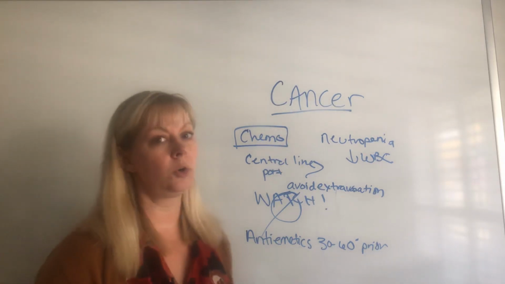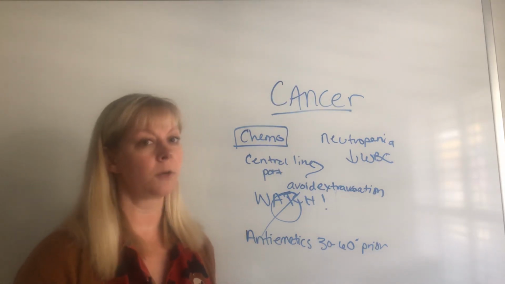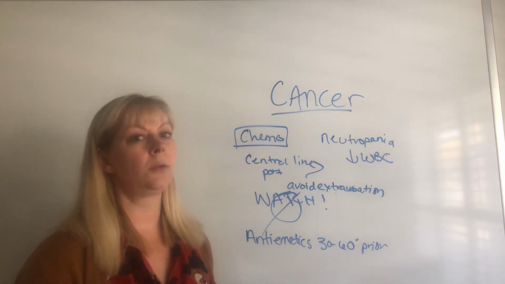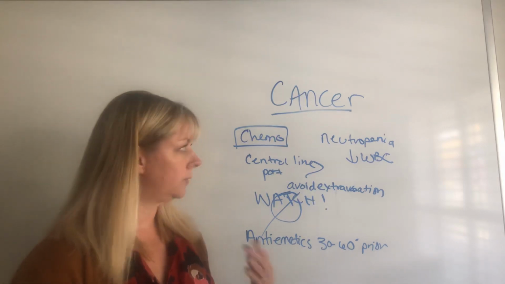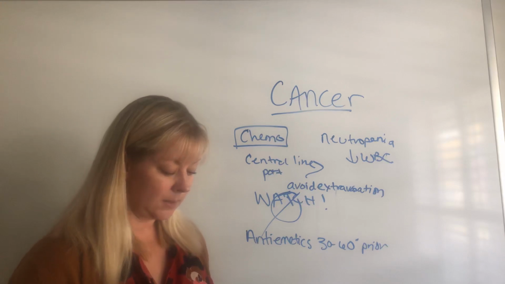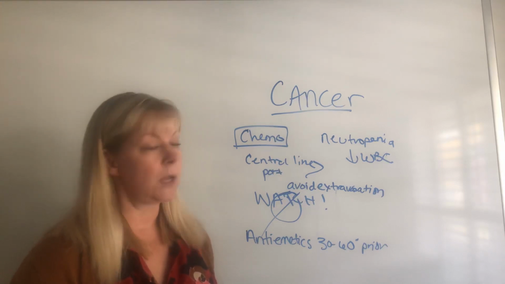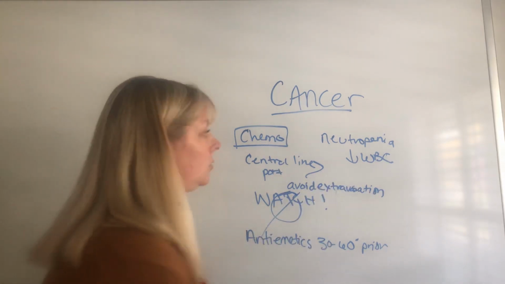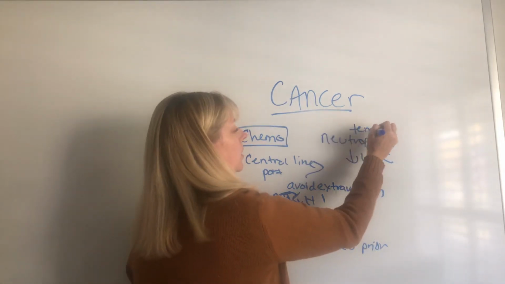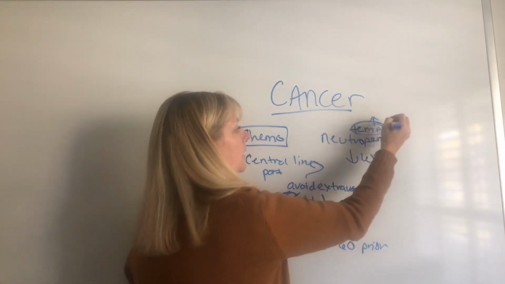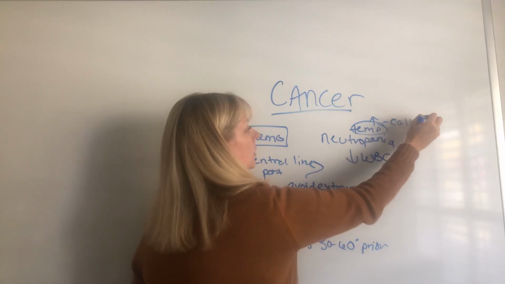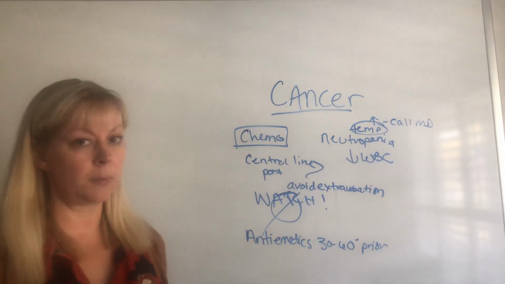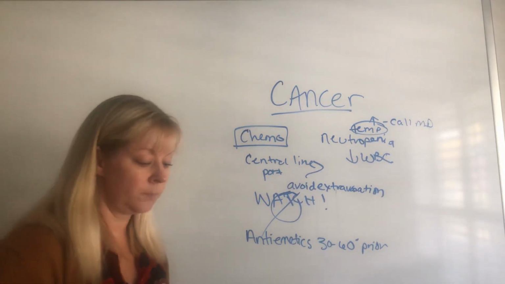So you want to make sure you stay away from fresh flowers, anything that can cause bacteria. You want to stay away from anybody who's sick. And you're going to tell this patient that they need to watch their temp all the time. Any increase in temp, you're going to call the doctor, because we don't want this patient to go septic on you.